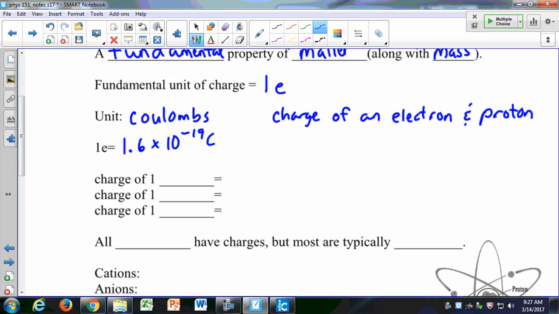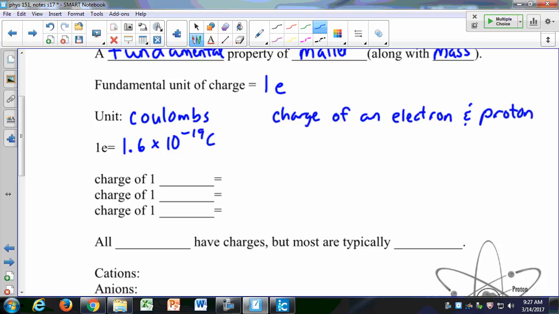So an electron has a charge of this value, and so does a proton. Of course, what sign is the charge of an electron? Is it plus or minus? It has a negative charge. A proton has the same magnitude of charge, but it's positive. The proton and electron have different masses, but they have the same charge. In fact, the proton is about 2,000 times the mass of an electron. Did you know that? A proton is thousands of times the mass of an electron.